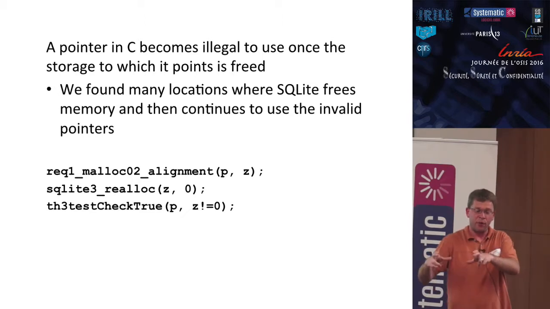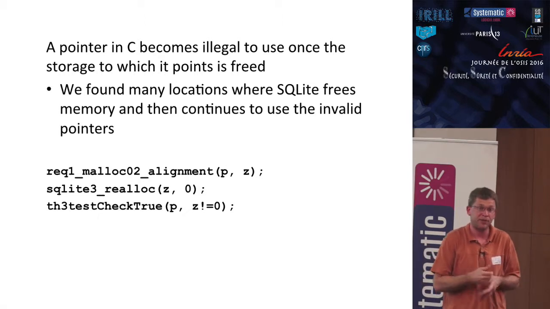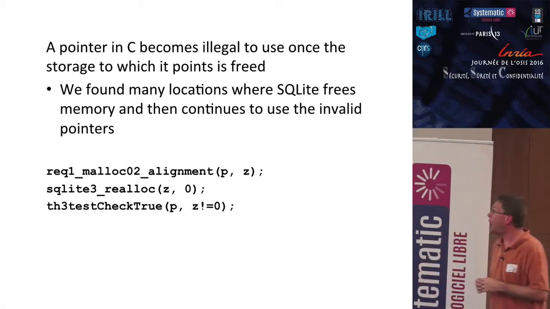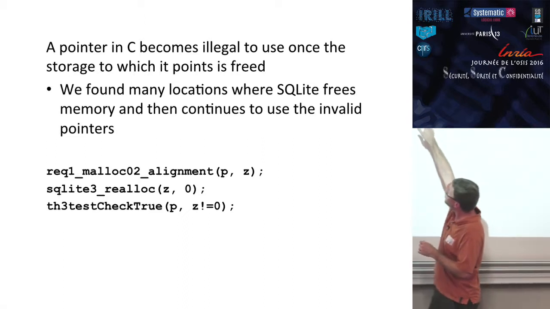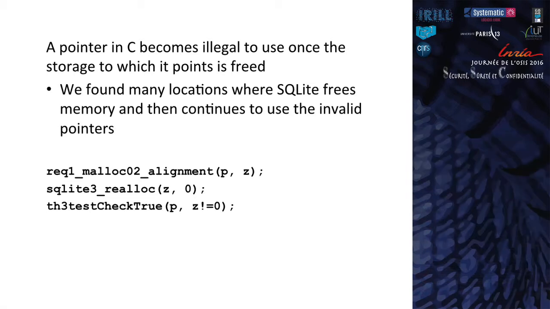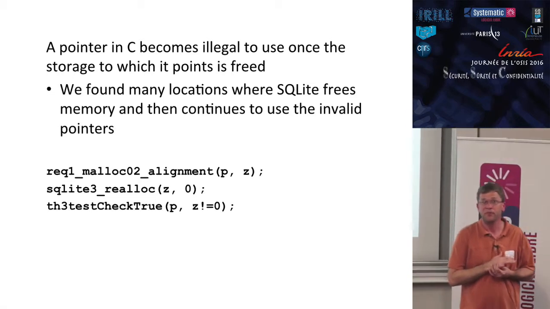So you can't even test a pointer for null after freeing what it points to. That's actually illegal C code. Here's an example where some storage was freed using a realloc call, and then a null check on the variable is performed, and that's undefined behavior.